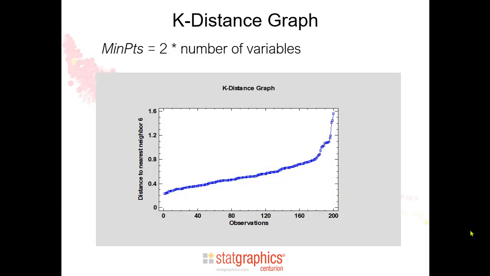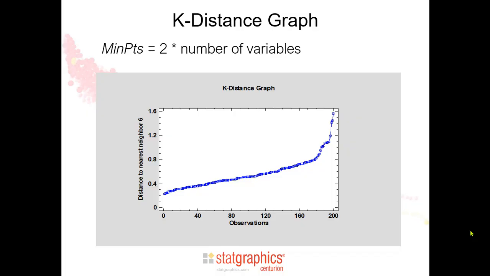One of the most challenging parts of running DBSCAN is selecting the critical parameters. The first critical parameter is min points. That's the number of points required to define the core of a cluster. It's suggested that you start with 2 times the number of variables. In our case, that would mean that min points would be 6. To find a starting value for epsilon, a k-distance graph is often used.